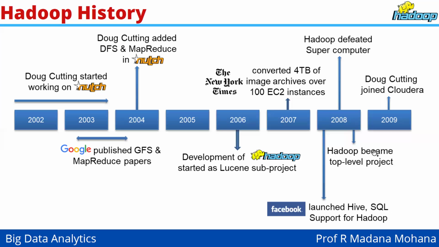Also, Hadoop became a top level project. Then Hadoop defeated supercomputers in 2008, which was a very good time for Hadoop. Then in 2009, Doug Cutting joined Cloudera as chief architect. This is the history of Hadoop since its inception.